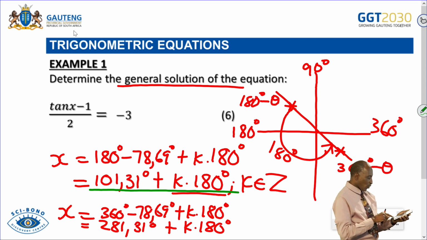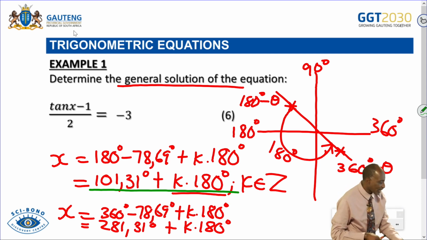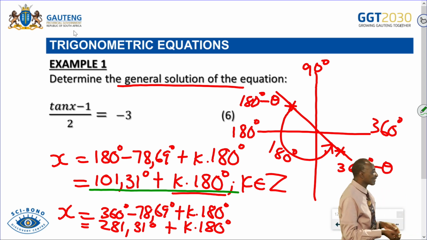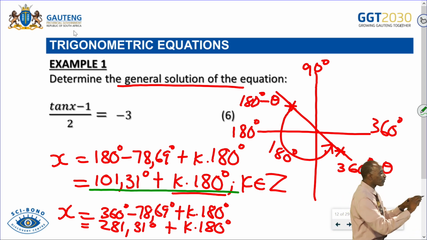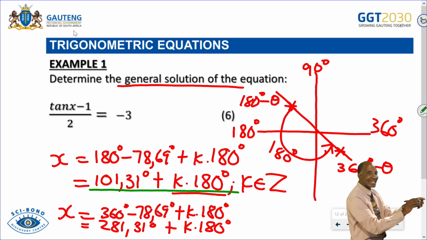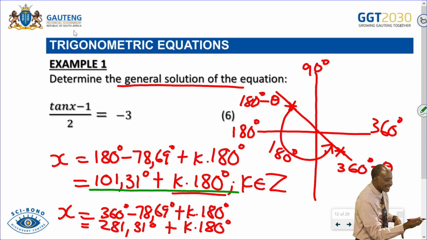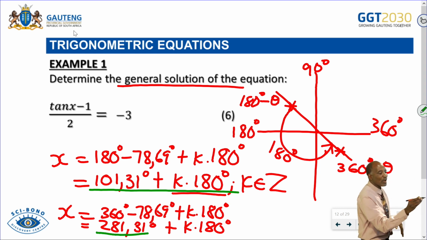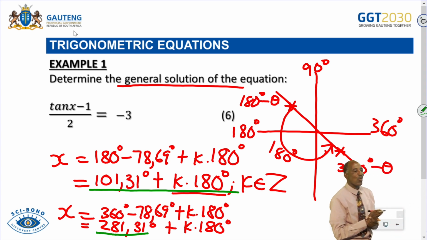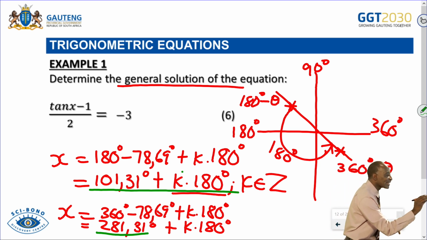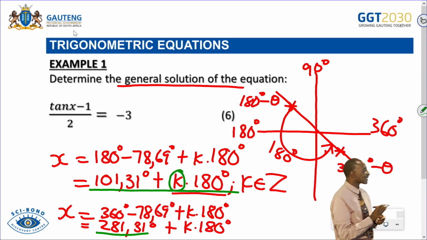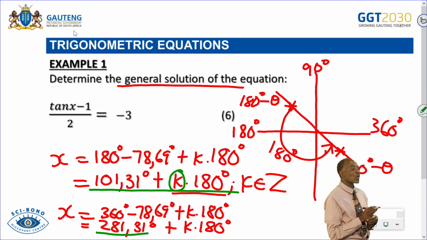Then you add 101.31, I'm getting 281.31. So this general solution of 101.31 degrees plus k 180 already contains 281 when we substitute k equals 1. When you put k equals 1 here and add 101.31, it gives us 281.